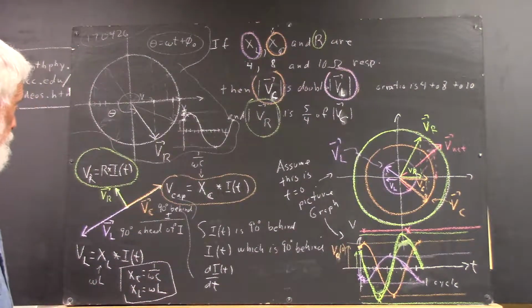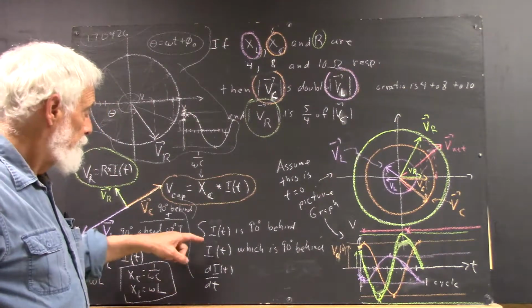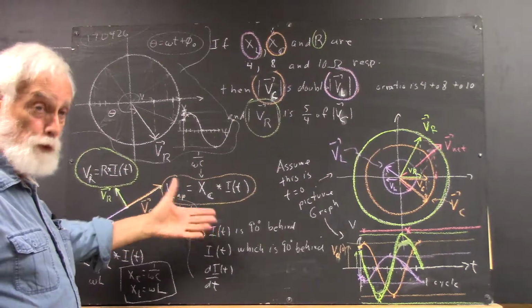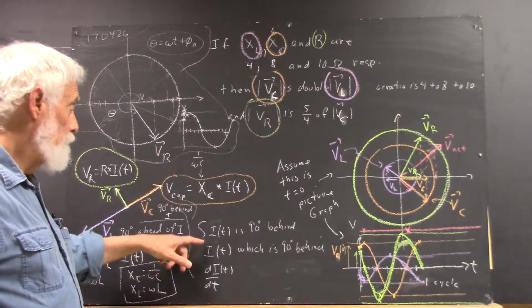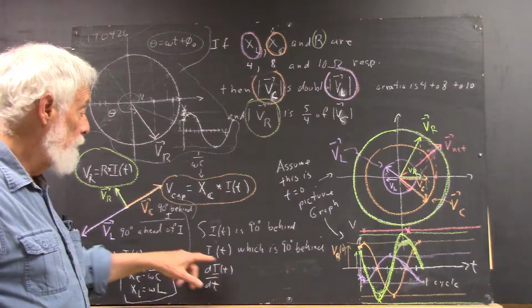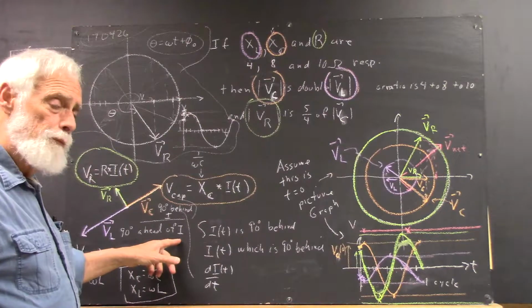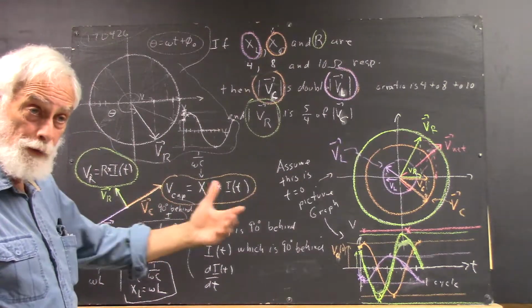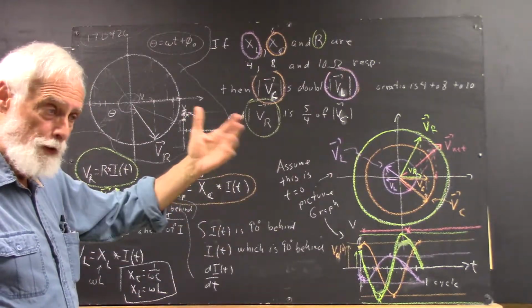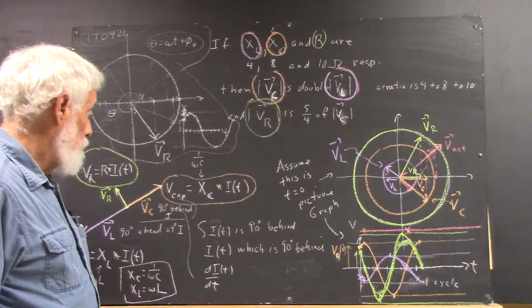Okay, so a couple of things that we saw last time: the integral of I of t, which is the charge on your capacitor, which is then going to be proportional to capacitor voltage, is 90 degrees behind I of t, assuming, of course, that your current is a sine or a cosine function, a sine of omega t plus some initial phase angle, which we might call phi naught, or cosine thereof. Okay?